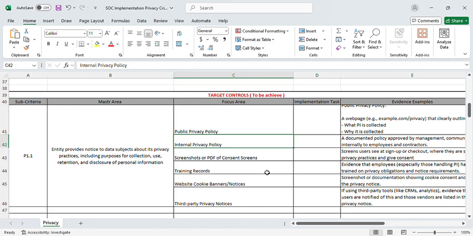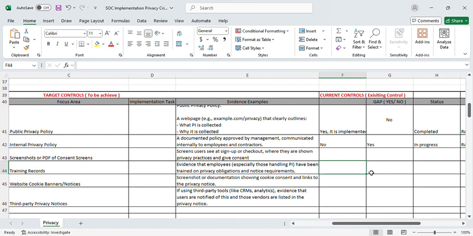Same here, training records, for example. What are the evidences? Employees, especially those handling PI, have been trained on privacy obligations and notice requirements. So evidence should be there that yes, employees have completed the training on privacy obligations.